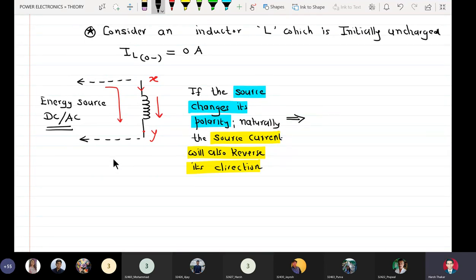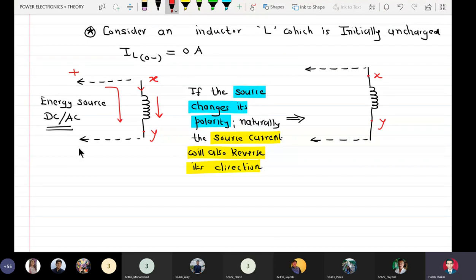Now assume that the inductor has got charged to some non-zero value of current. So again consider the inductor, node X, node Y, connected to a source, and now at the source side the source has reversed polarity.